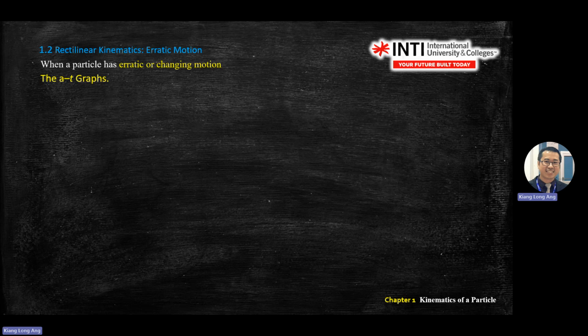So the third one, how do we establish the AT graph? From ST to VT, you use differentiation, ds dt. Then how do you get the AT information from ST and VT?